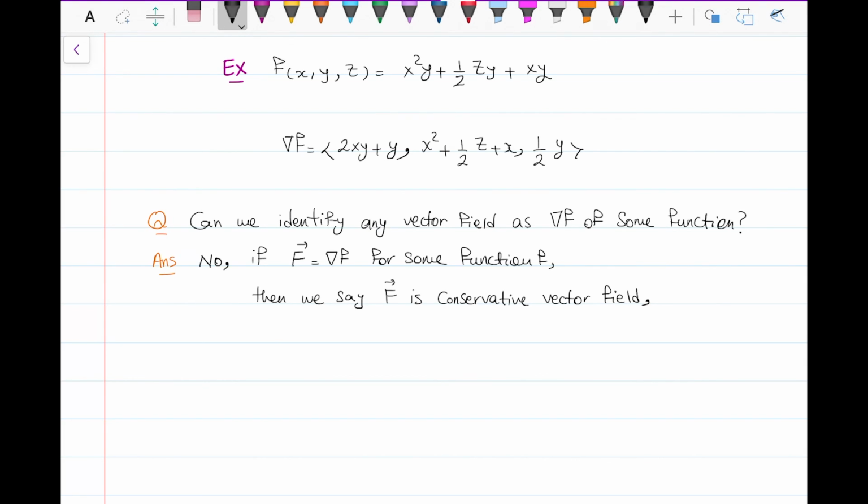And f is called the potential function for the vector field.